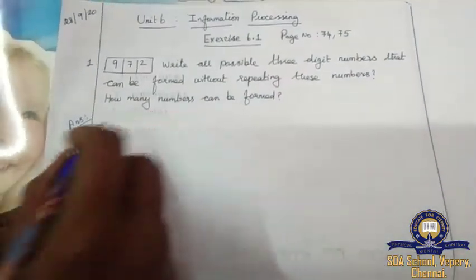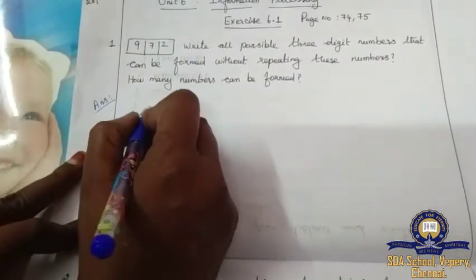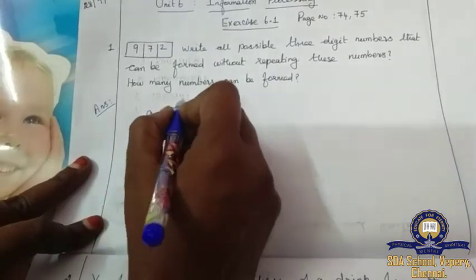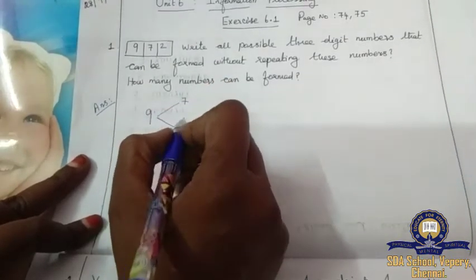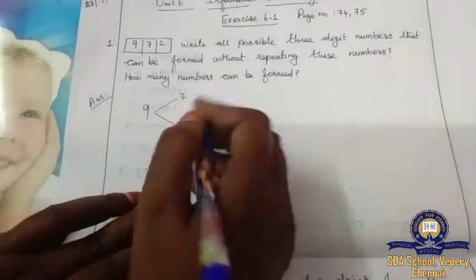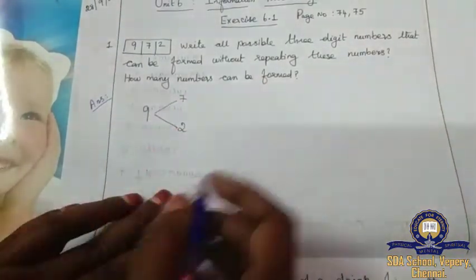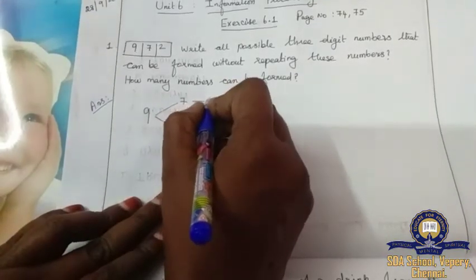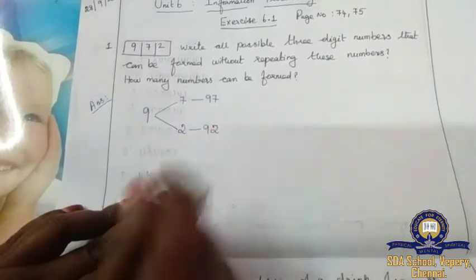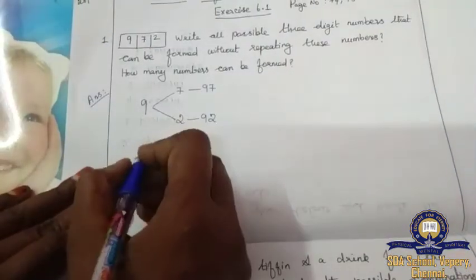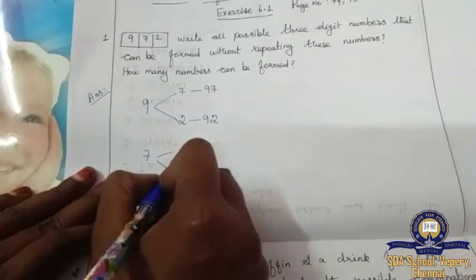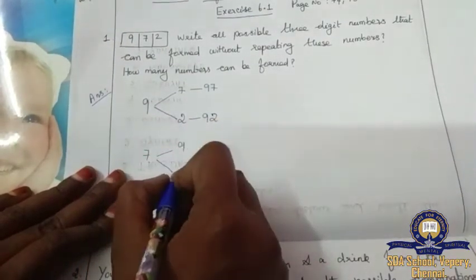First take the first number 9, and then the remaining 2 numbers are 7 and 2. So we have to form all the 3-digit numbers. The numbers formed here are 97, 92. Second, the second digit is 7, and the remaining numbers are 9, 2.